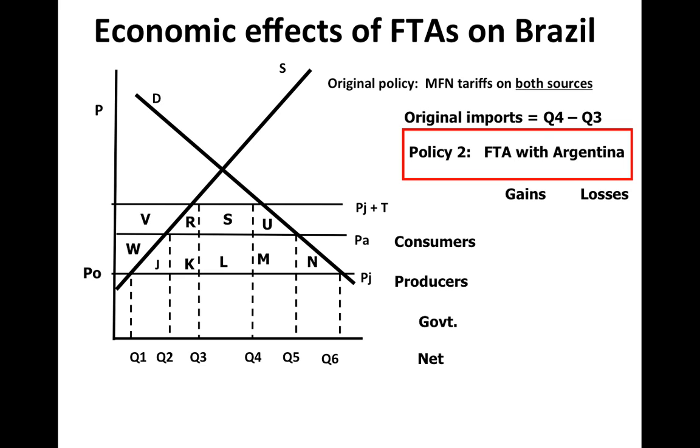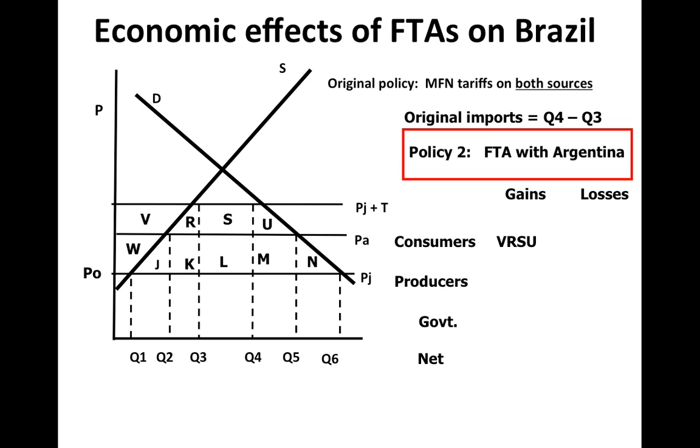at PA. So the Argentinians can now sell inside the Brazilian markets, undercut the Japanese, and gain access to this market. So from a Brazilian consumer standpoint, they get lower prices. The price falls from PJ plus T down to PA. There are benefits.